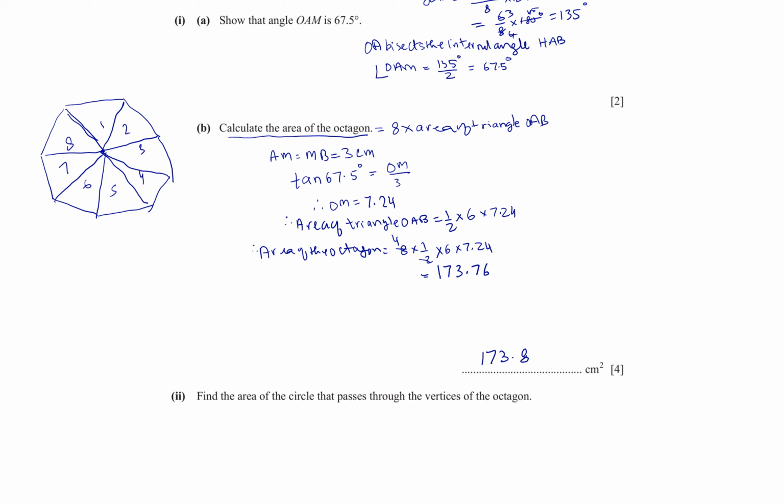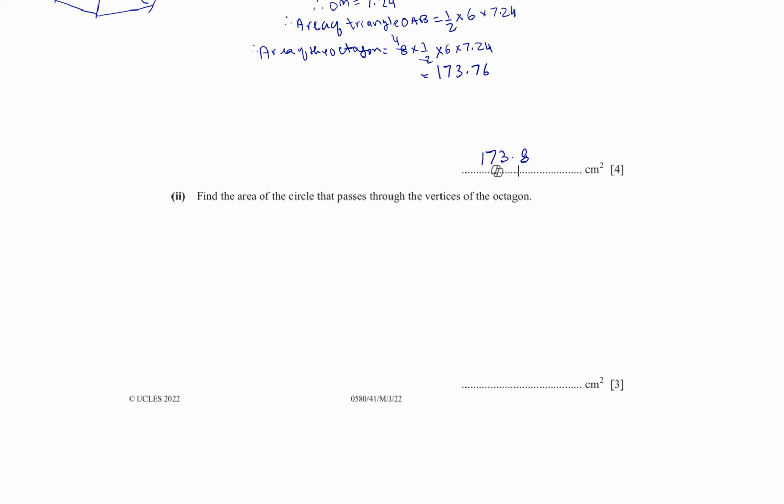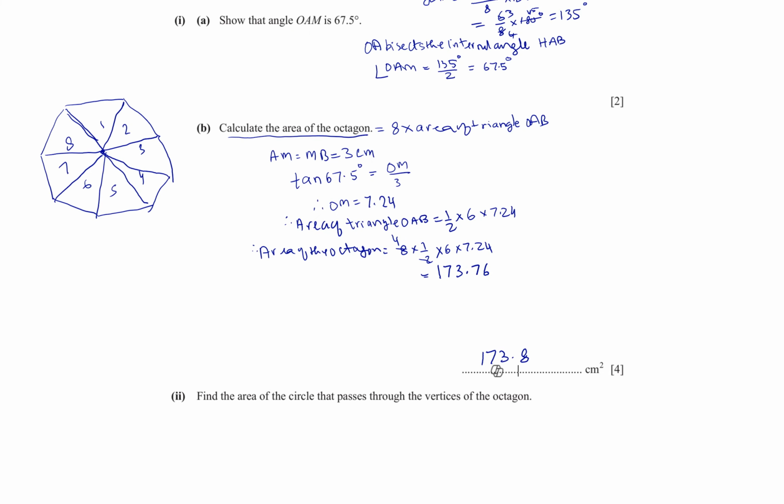Now find the area of the circle that passes through the vertices of the octagon. How do I do that? All I have to do is, if I draw a circle around it, what you realize is this OA would be the radius. These are all the radii of the circle, isn't it?